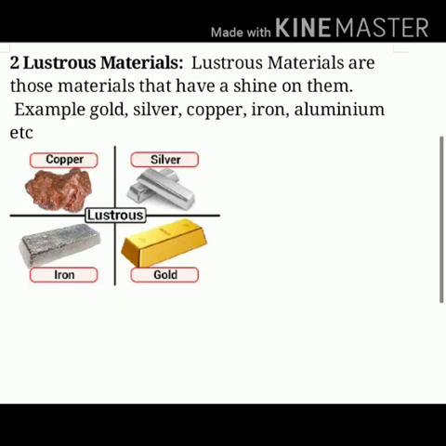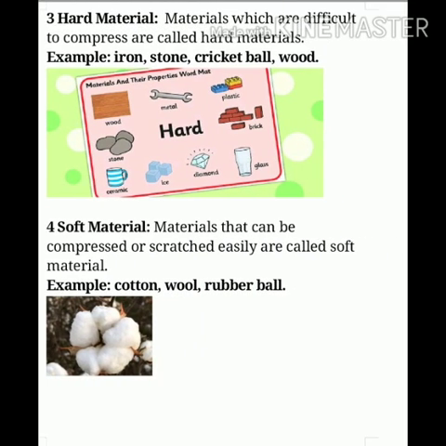Let's move towards another property of objects on the basis of which they are classified. When you press different materials with your hands, some of them may be hard to compress while others can be compressed easily.